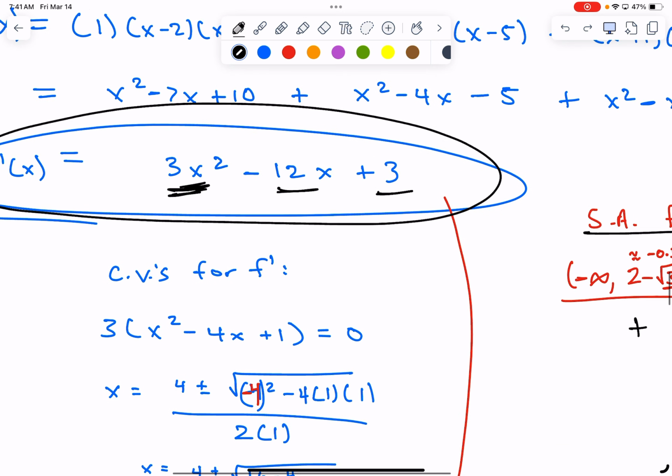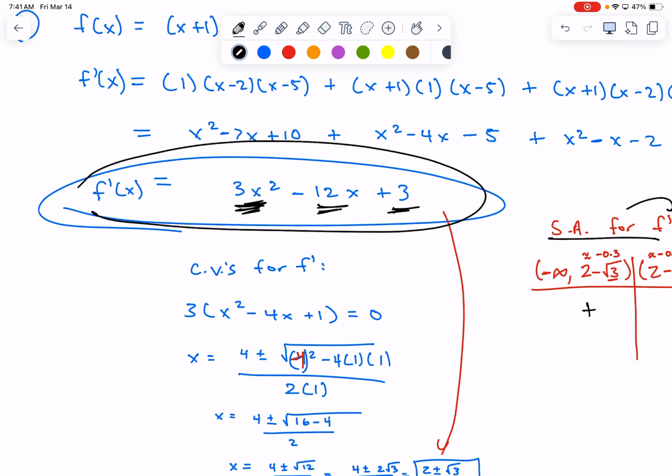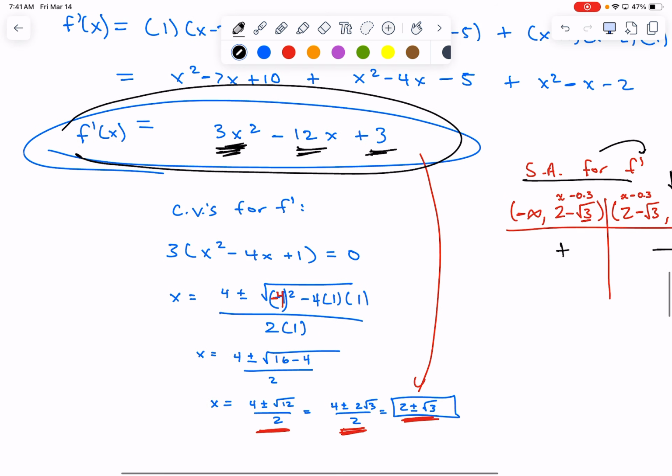Okay, tell me why when I plug 0 in, this thing's not negative. We're testing the derivative. I took a 3 out, right? I got x squared minus 4x plus 1.